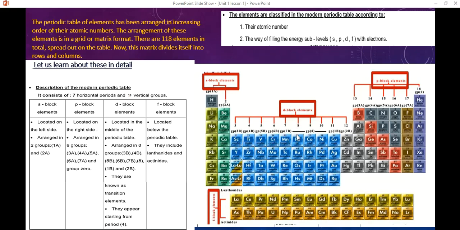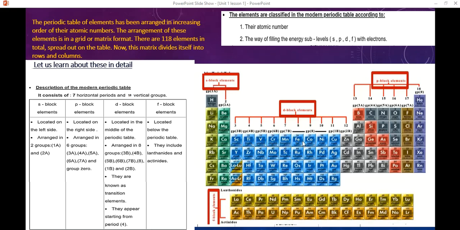Then group 8 with 3 individual groups. Then we complete the 10 groups of the D block with 1B, 2B.